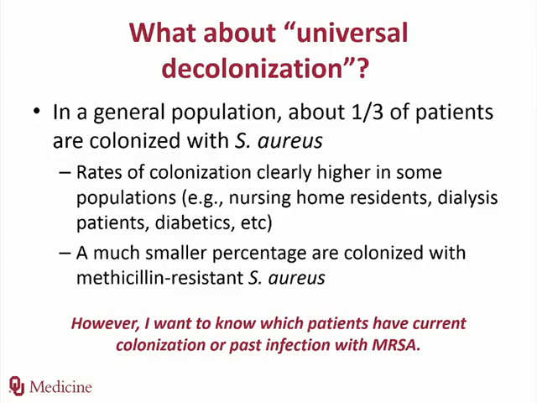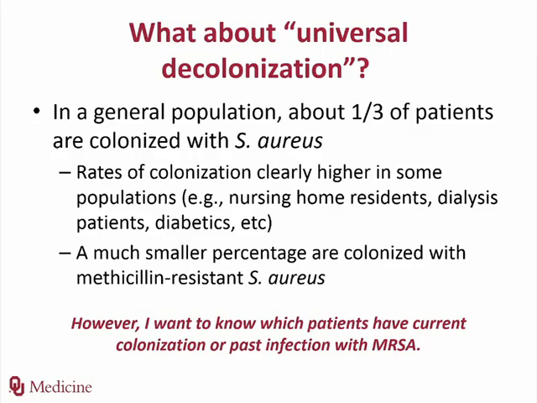Phil, do you know what your positive rates are for your just general screening that you have to do? 2%. Yeah, so if you just take your general hospital population, 2% come in that are MRSA positive. So much, much smaller percent. But remember, Staph aureus colonization is associated with a higher risk of surgical site infection. So if you just screen for MRSA, you're going to miss the majority of patients that have Staph aureus colonization.